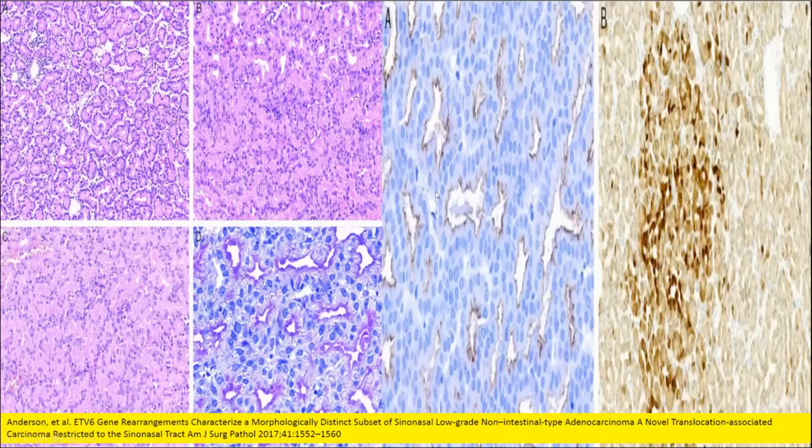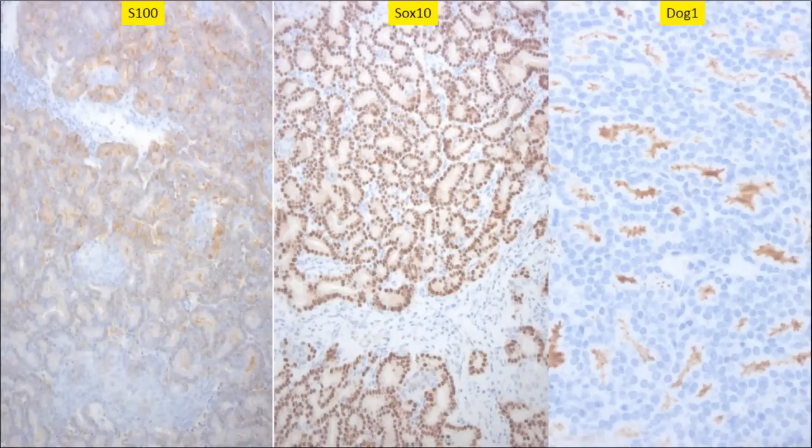And it was very interesting because it had this particular staining with DOG1 of a membranous or luminal pattern in the cells, and sort of a patchy staining for S100. So when this paper came back, we went back to our case and we saw a very similar thing. Strongly SOX10 positive, S100 sort of patchy, and then this luminal staining with DOG1.